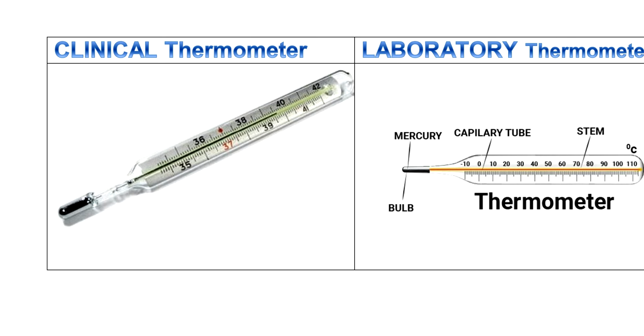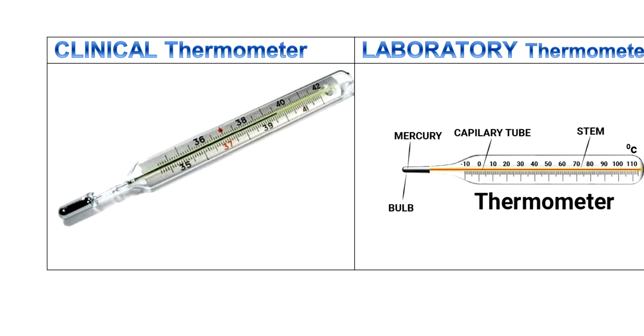Now we will see in the linked video, in the last part of this video, what the temperature ranges of the clinical thermometer are and which material is being used in it. What are the ranges of the laboratory thermometer and which material is being used in either, in the form of flashcards.